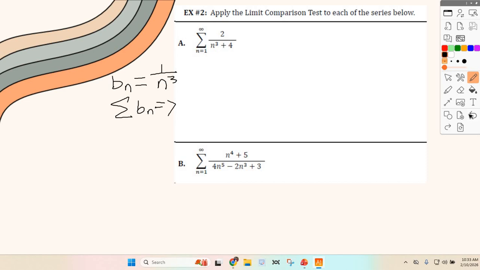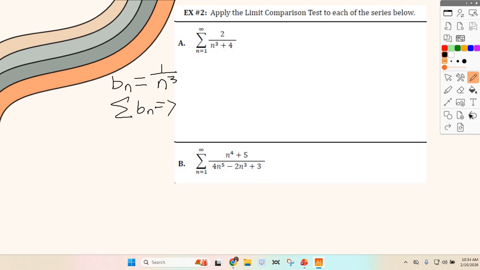It just depends. If you wanted to use the comparison test, you would want to write out your terms, like we did on a couple of other ones. Does that make sense? Sometimes it's quicker to do the limit test instead, as long as they're both positive. It just gives us another option if we can't confidently say one series is bigger than the other series.